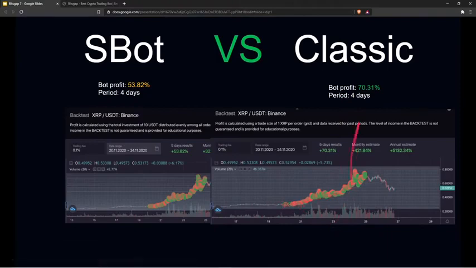But in the long term, from the starting point up to the end point, since the classic bot buys more crypto when the price rises, you end up with a higher return, all right? Because the value of the base currency appreciates significantly, which is pretty apparent based on this chart.